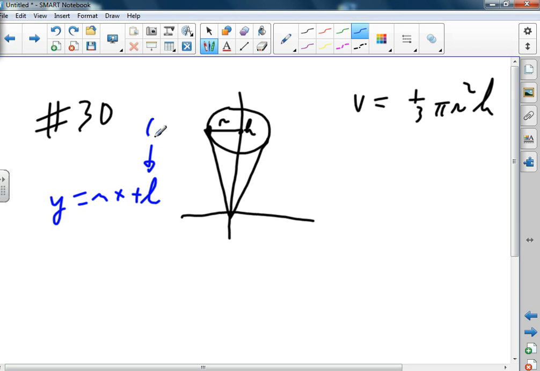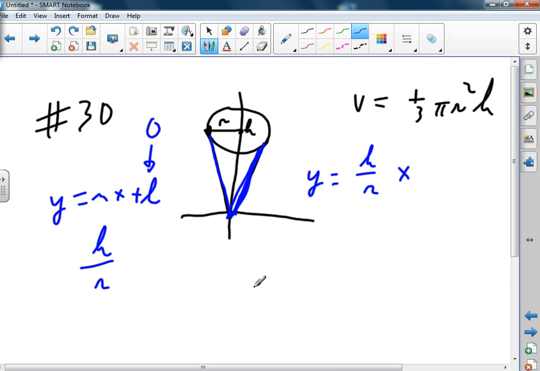B is 0 because I go through 0, and the slope is change in y over change in x. So the equation of the line on this side is y is equal to h over r x. And that would be a positive slope and not the negative slope on the other side.